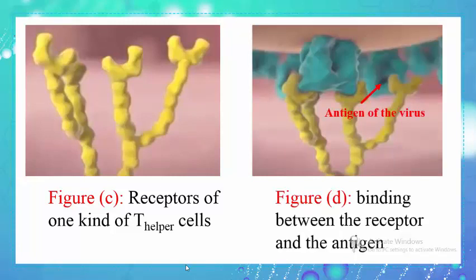So here we have the antigen of the virus and here the receptor of the T helper cell. Due to the complementarity between this antigen and the receptor, they will bind together and fit together like the key and the lock. Thus, each kind of T helper cell will recognize only one kind of pathogen based on its antigen. Observe please the following video in order to see how this binding occurs.